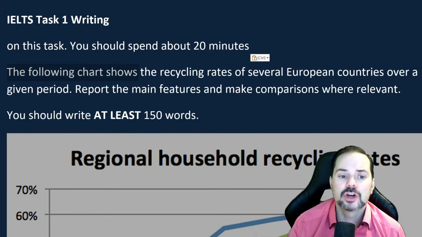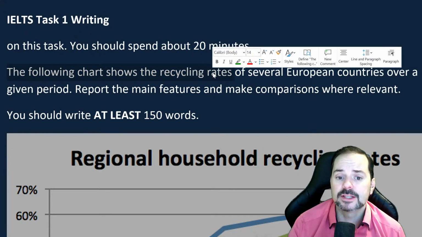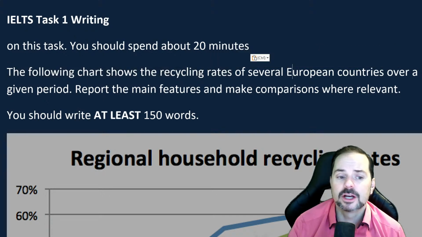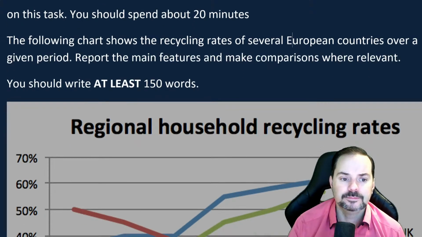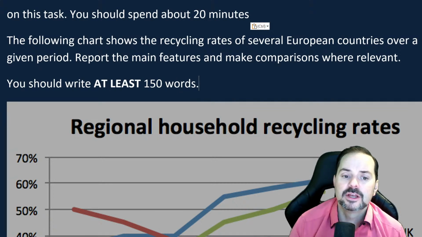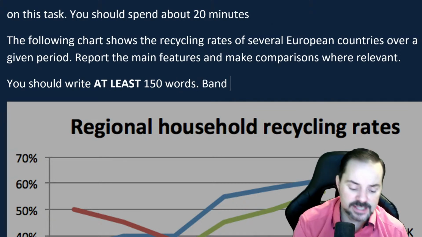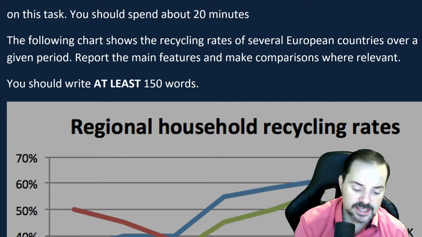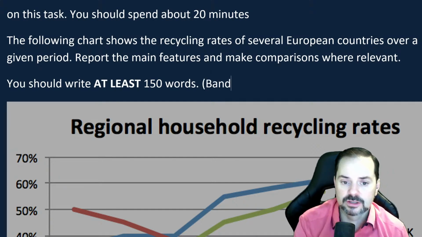The following chart shows the recycling rates of several European countries over a given period. Report the main features and make comparisons where relevant. You should write at least 150 words. Of course, I've said this many times that band 7 to 9 essays usually have more than 150 words, okay?